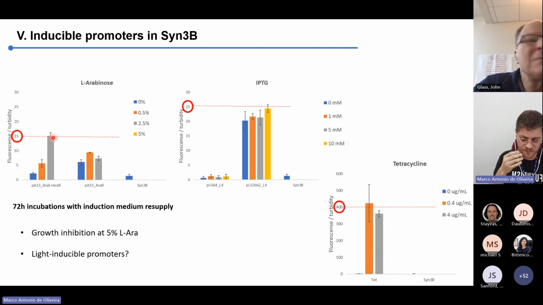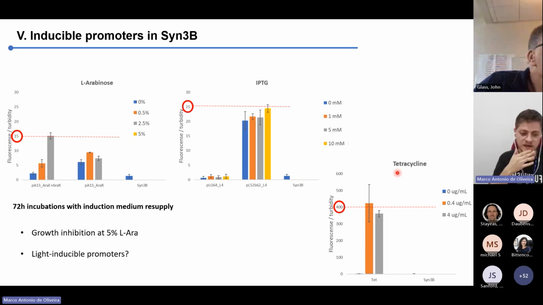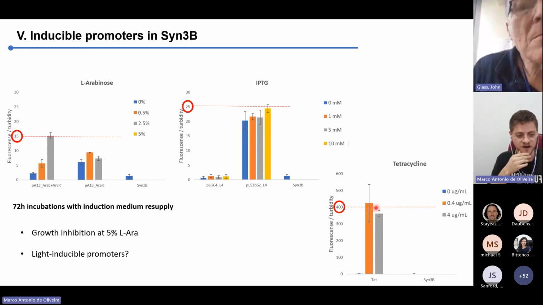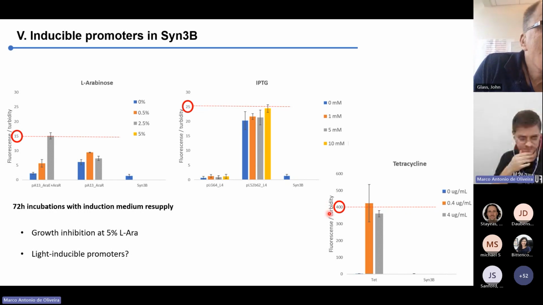And one thing that can be discussed is that when they brought the TET system from Mycoplasma pneumoniae to the minimal cell, the concentrations used here are much higher. Here it is like 0.4 micrograms, and in pneumoniae, the original works were with nanograms per ml.